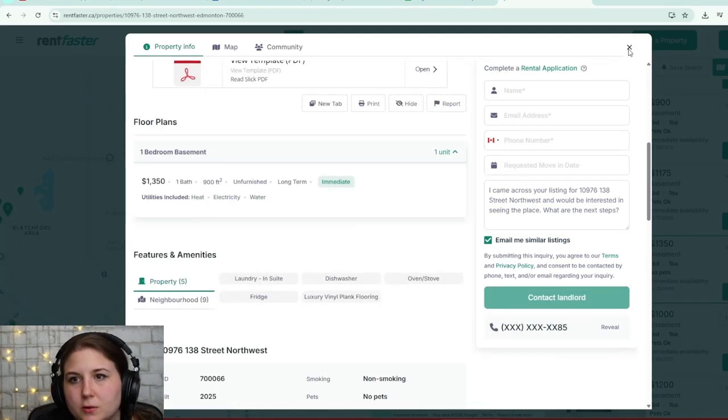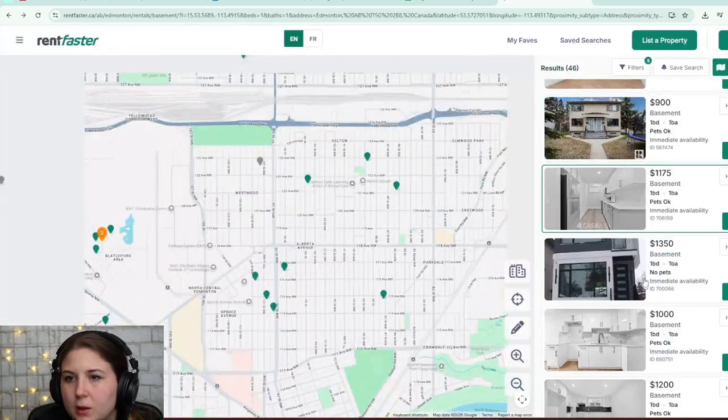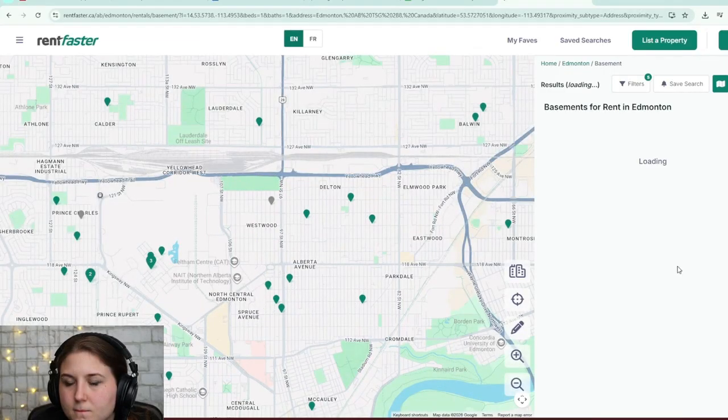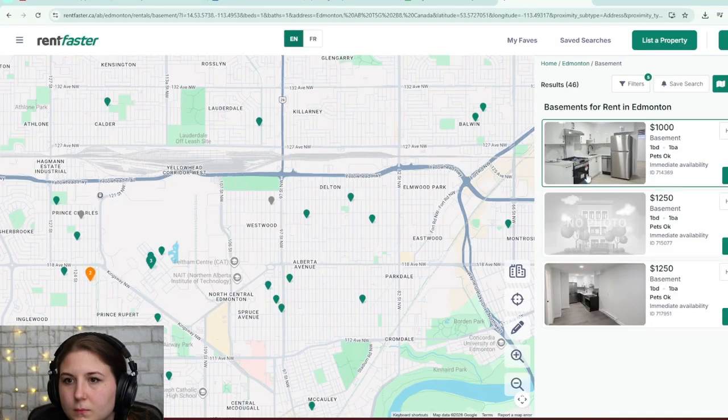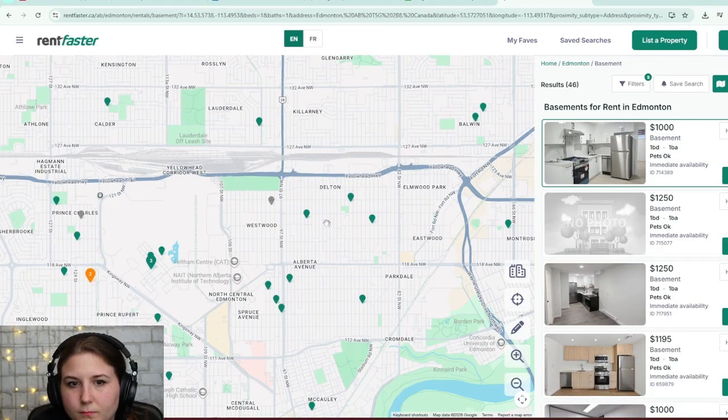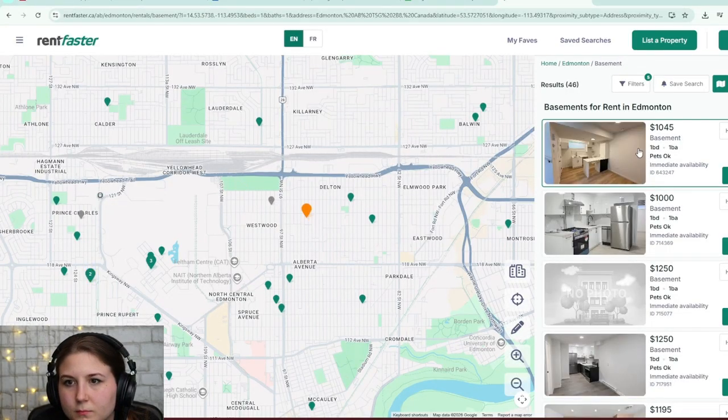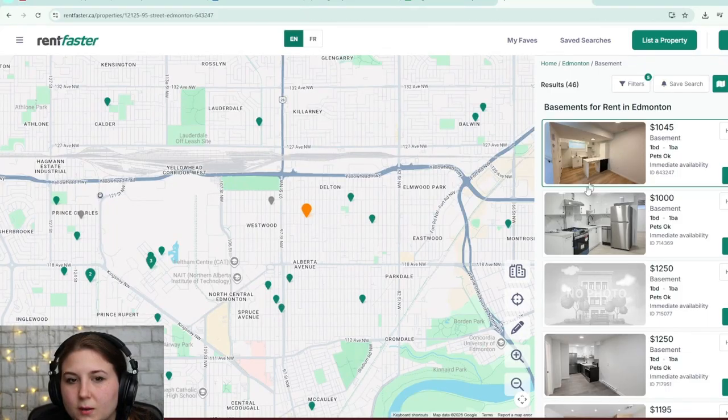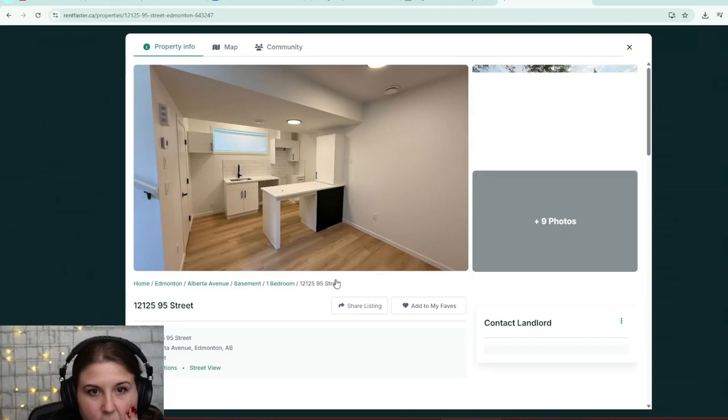Heat, electricity, water. That's all of the utilities. Oof. 1045. The life of a realtor. That's a really small kitchen.